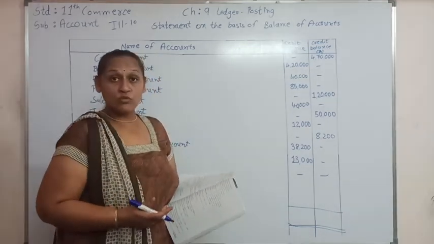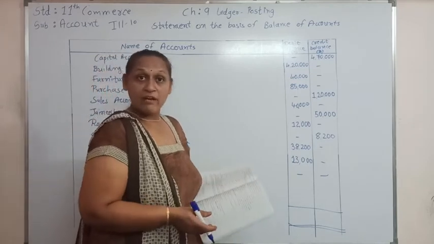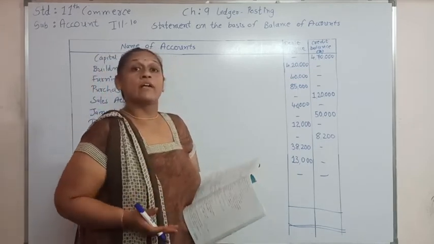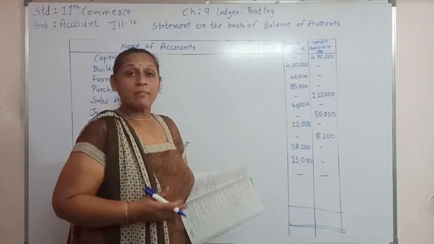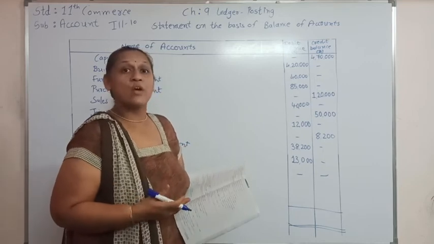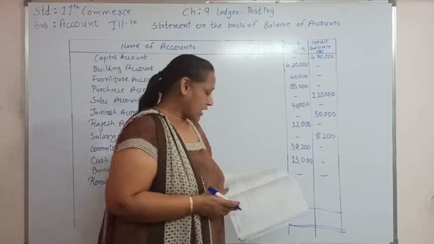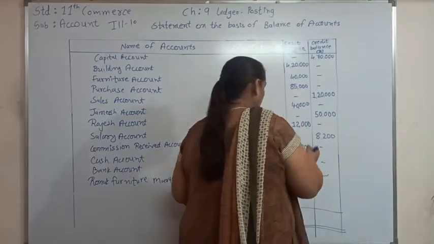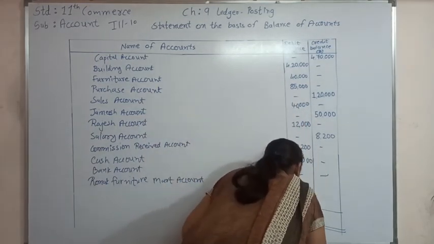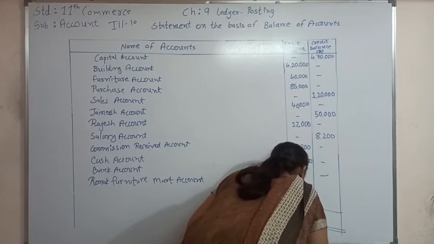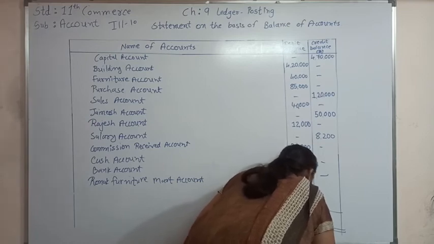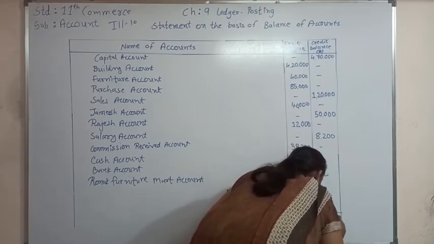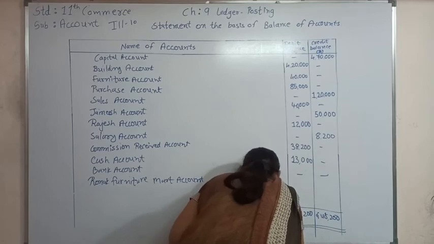That's when we can come to know that whatever accounts we have written are right, that is, we haven't made any mistake or there is no error in the writing of the accounts. So here the total of both sides is 6,48,200. This is the total.